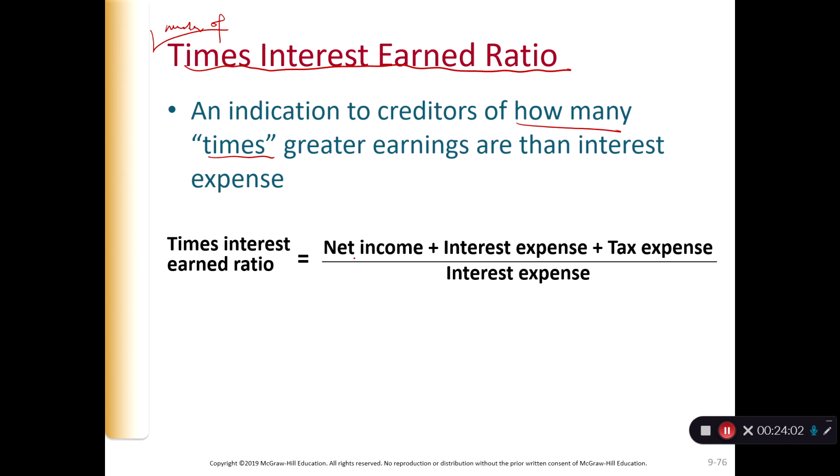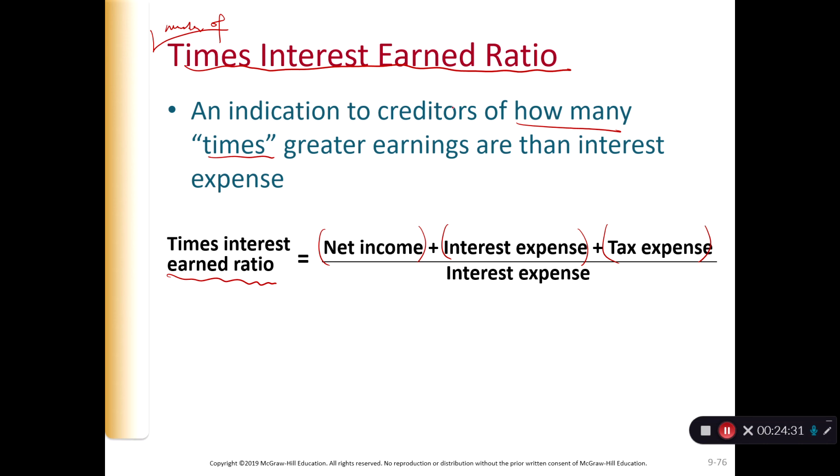Basically, you use net income plus interest expenses plus tax expenses and divide by interest expenses. Lenders require interest payment in return for the use of their money. Failure to pay interest when it's due will invoke penalties, possibly leading to bankruptcy. A ratio often used to measure this risk is the times interest earned ratio.